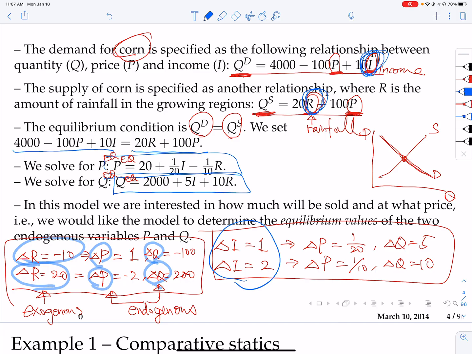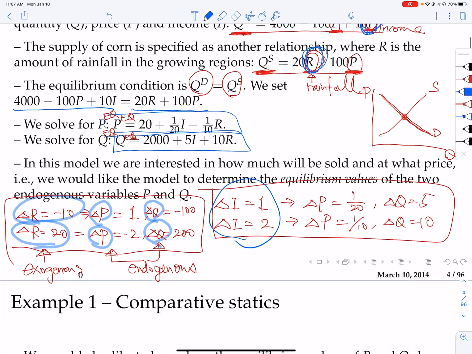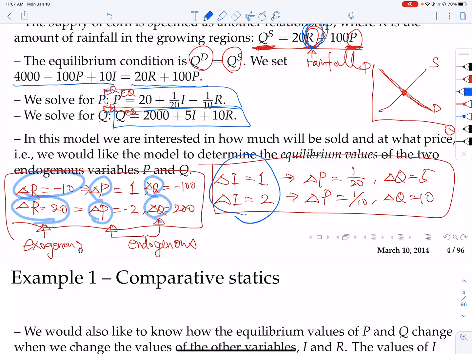So income may not be really exogenous, but let's say corn is taking a small fraction of your total expenditure, then we can think of income as an exogenous variable. Given that, you can see how the endogenous variables are changing here, right?